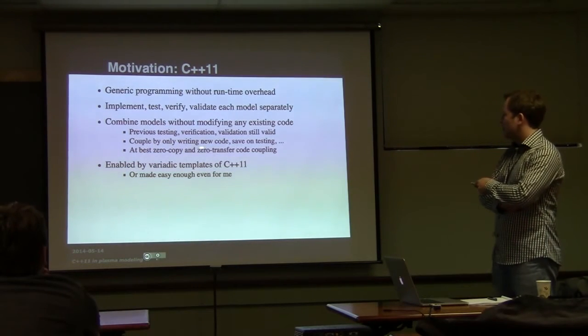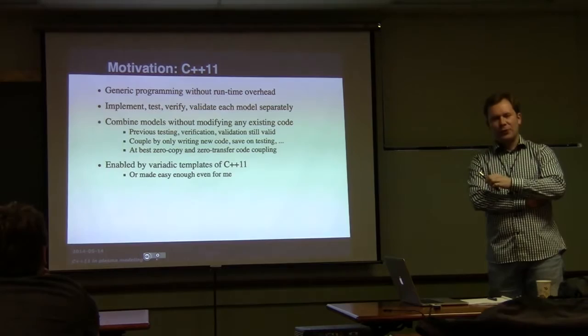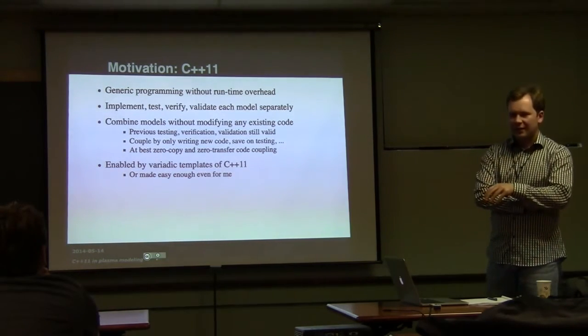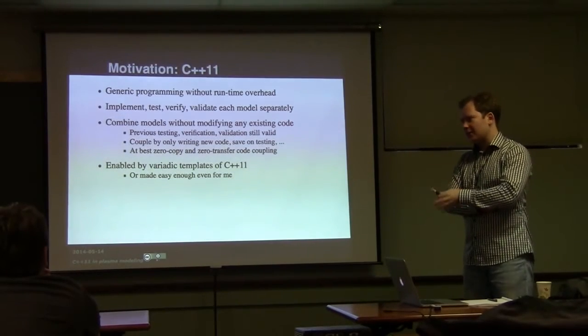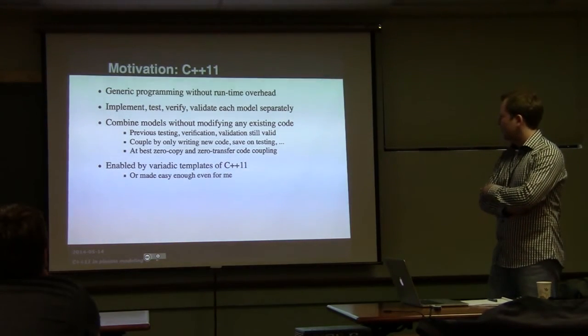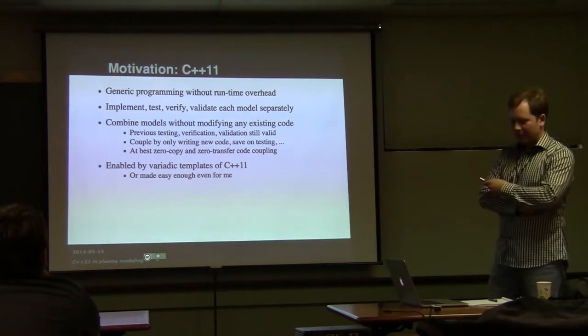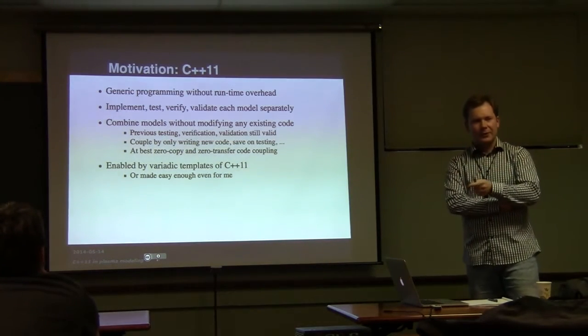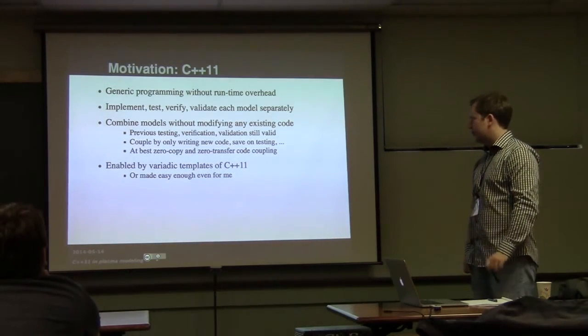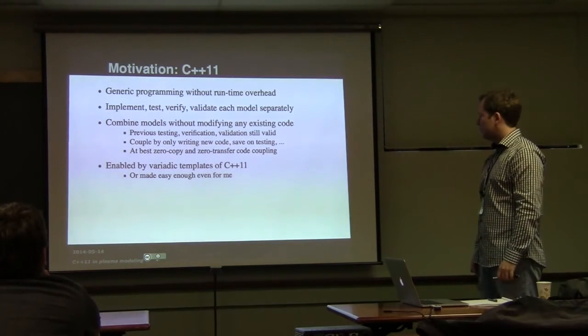So when you want to couple something, you only write new code, and so you only have to test that part separately, and then the whole thing to see if the physics is correct and stuff like that. And also, at best, you don't have to transfer anything extra, or copy any extra stuff anywhere, so it can also be nice from a performance point of view.